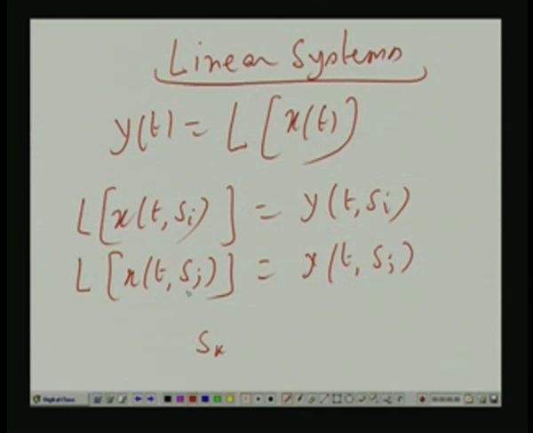That is, suppose you have a situation where x(t, s_k) is nothing but c1 times x(t, s_i) plus c2 times x(t, s_j).